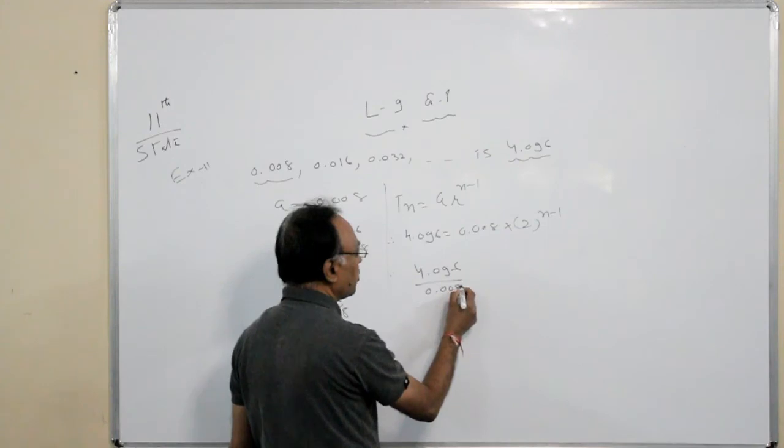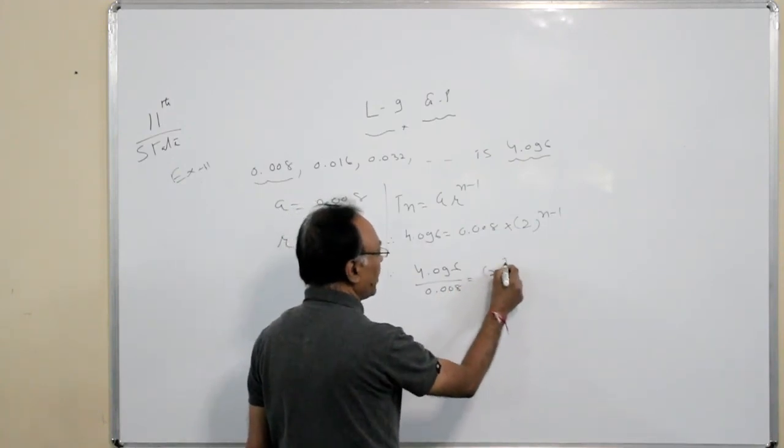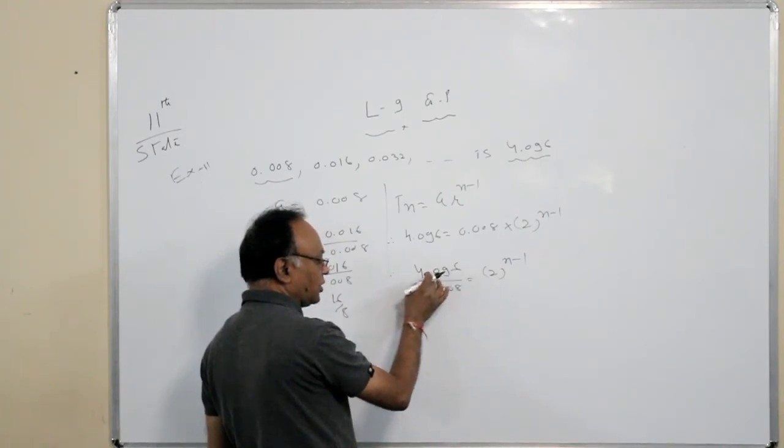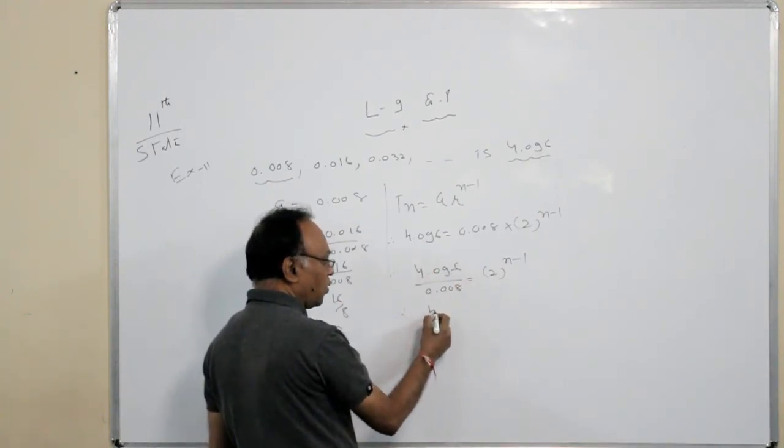4.096 divided by 0.008 is equal to 2 raised to n minus 1. Cancel out the 3 decimal places.